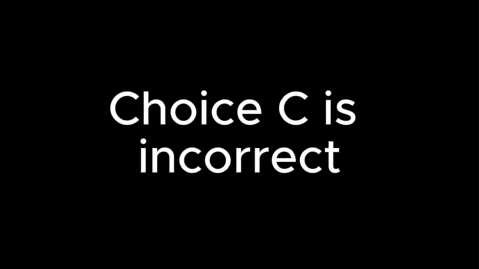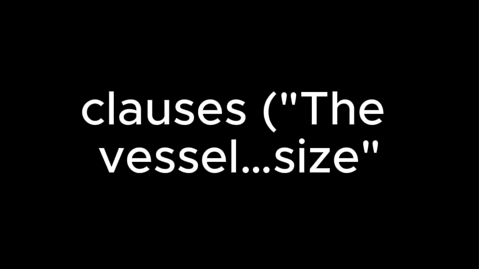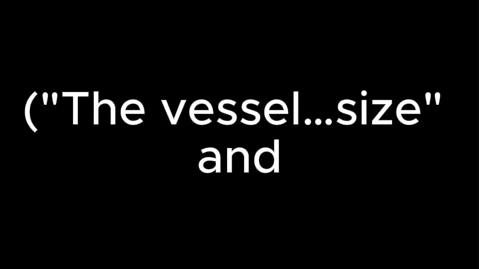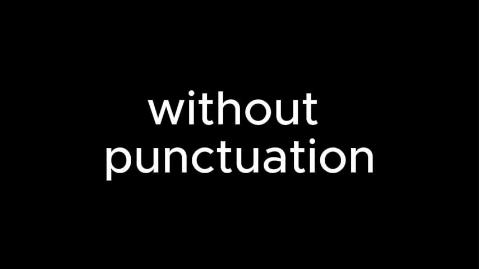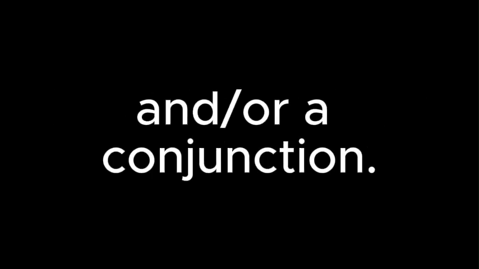Choice C is incorrect because it results in a comma splice. A comma can't be used in this way to mark the boundary between two main clauses, the vessel's size and its load. Choice D is incorrect because it results in a run-on sentence. The two main clauses are fused without punctuation or a conjunction.